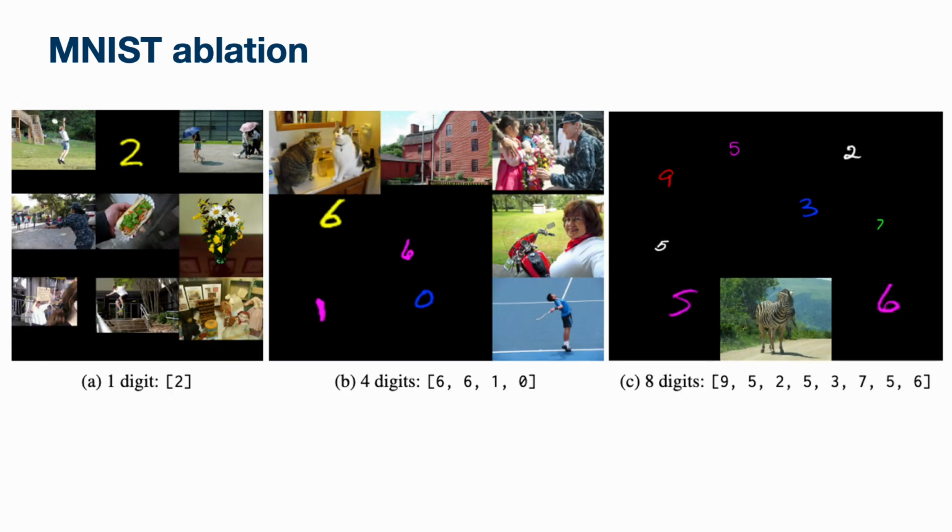Additionally, we introduce an ablation where instead of hiding VQA examples, we hide MNIST digits throughout the sequence. So we can hide a number in here, and now the prompt is simply: list all the numbers you see in the image sequence. The way that we extend this ablation is by not only hiding one number in the haystacks of a given size, but also hiding up to 8 digits, or up to n-1 digits in a haystack of any size.